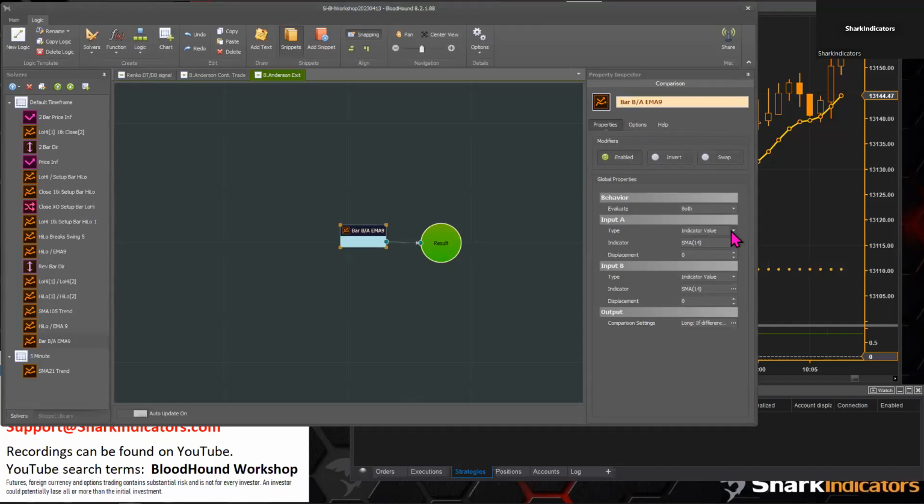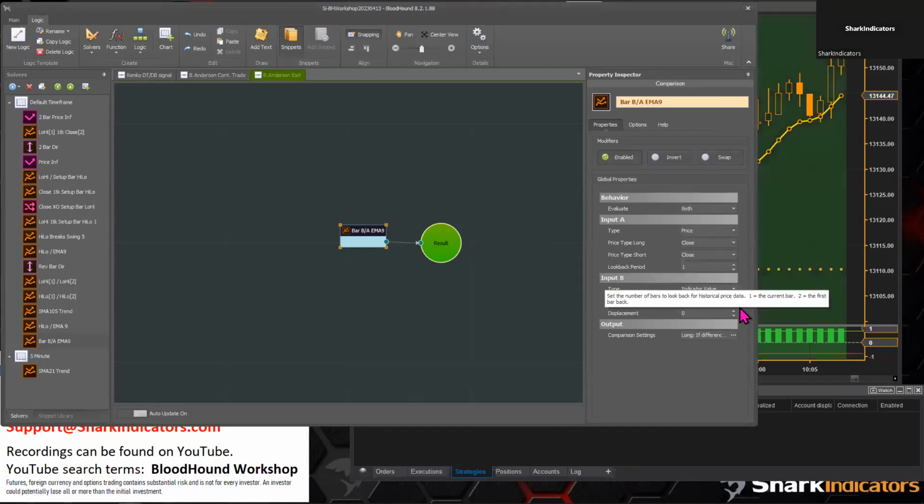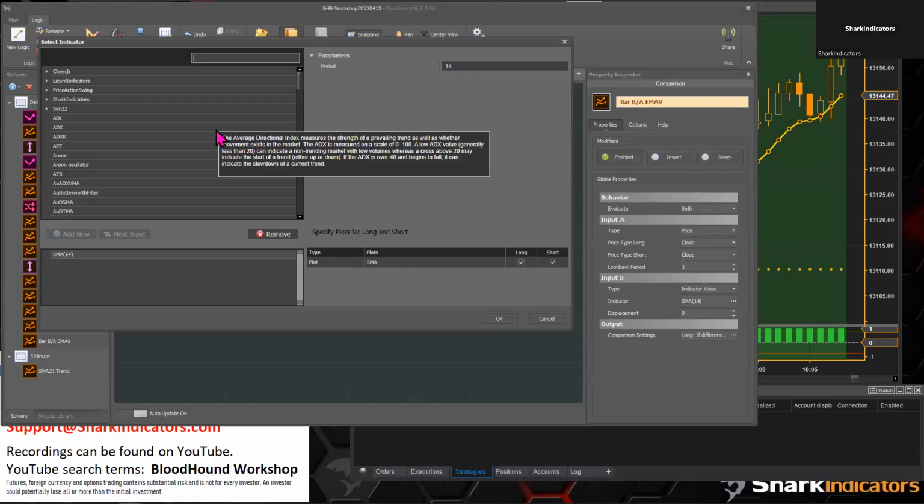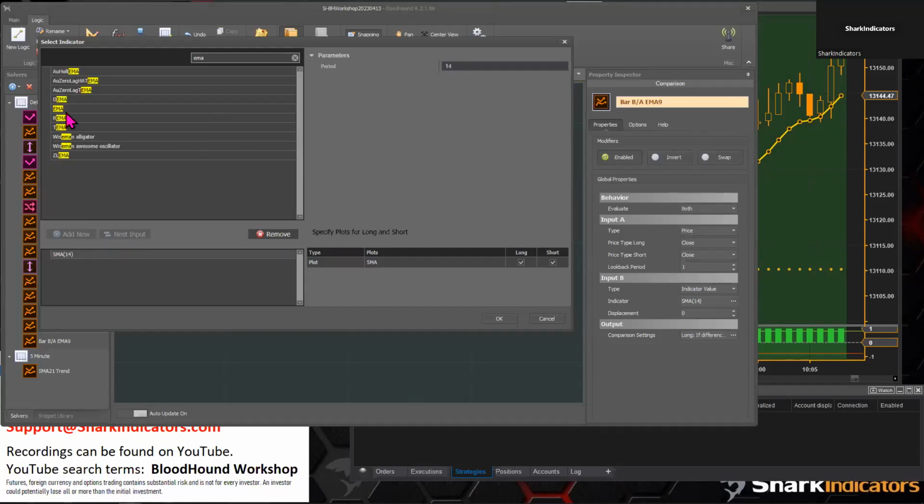Input A is going to be price, and input B is going to be our moving average, in this case the EMA. Let's adjust that to the 9 period.